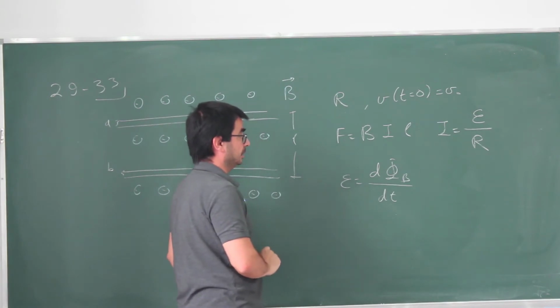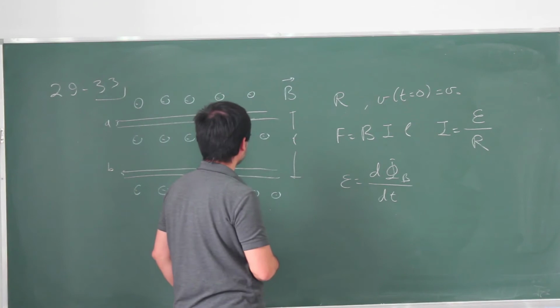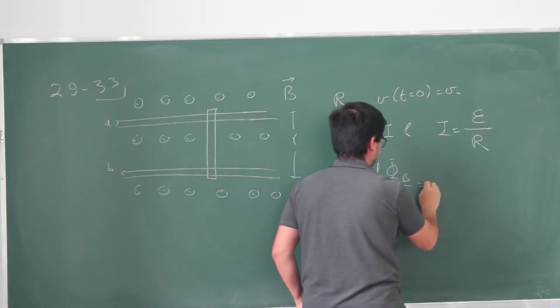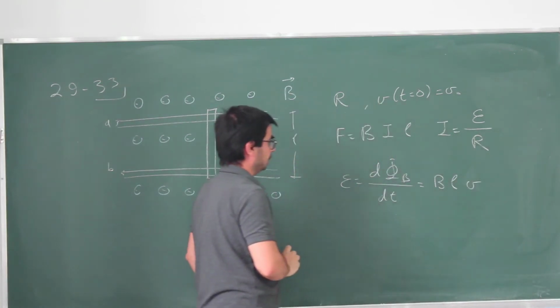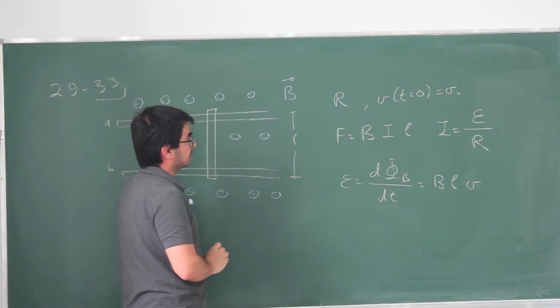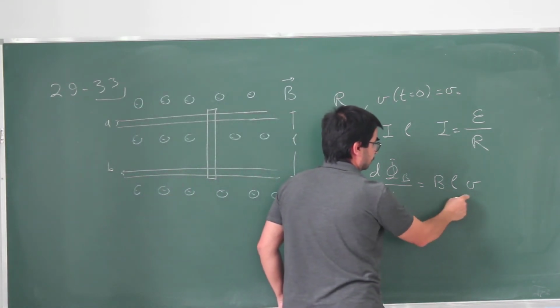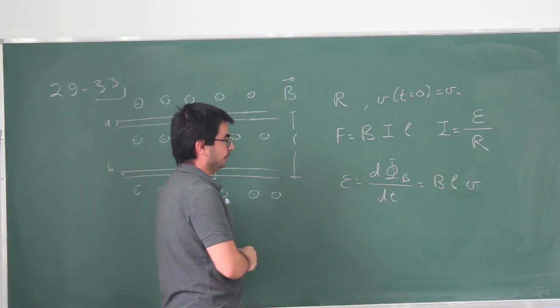Here our magnetic field is constant, so this leads to a spanning of this magnetic field, and so the induced EMF is just going to be B times L times V. This just gives the rate of change of area, and this is just the magnetic field, and so this is going to be the rate of change of magnetic flux.